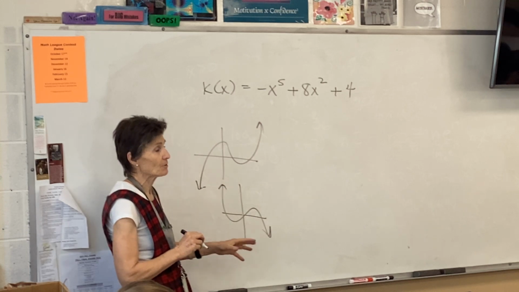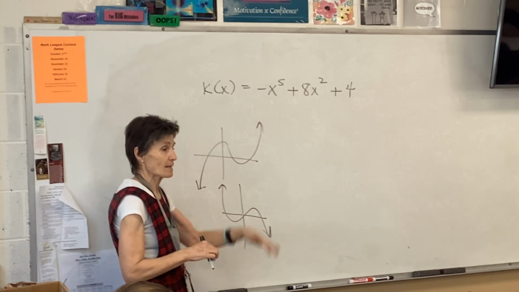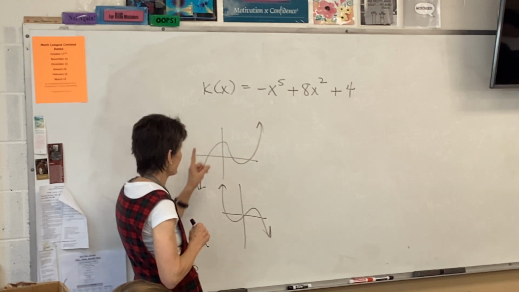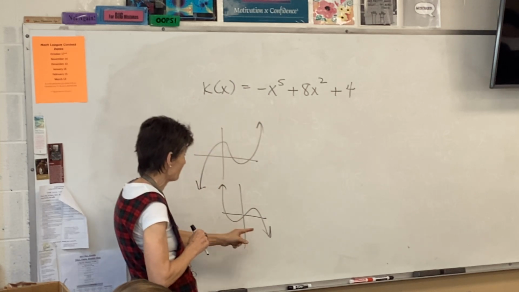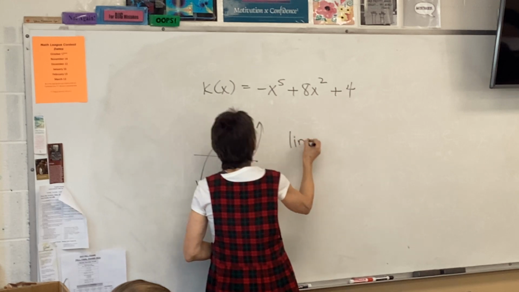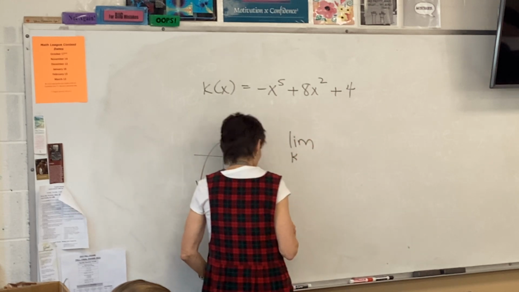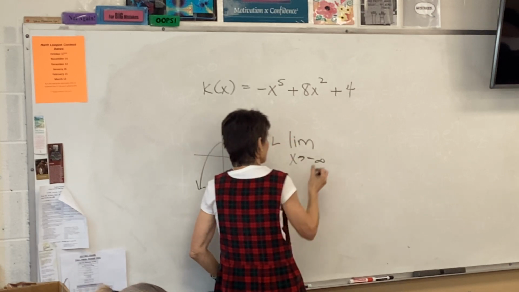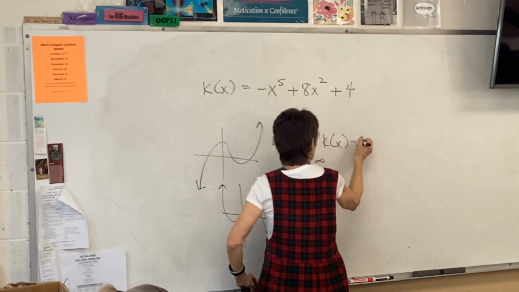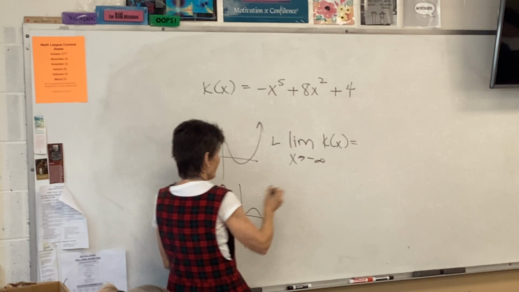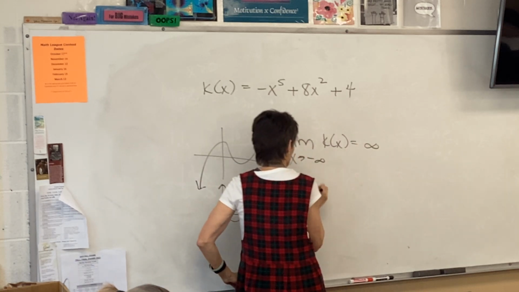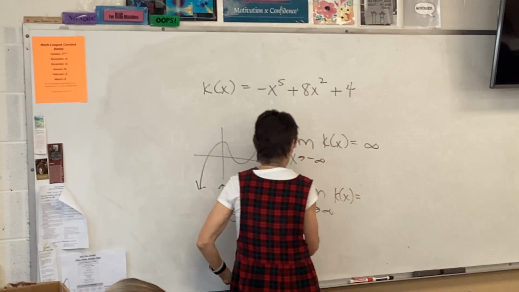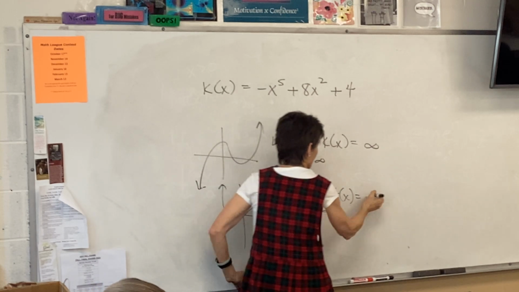And I know that an odd degree polynomial has opposite end behavior, one's up, one's down. And in this case, because of the negative, I'm starting up and ending down. So, the limit as x approaches negative infinity, this would be my left, of k of x, is actually positive infinity. And the limit as x approaches infinity is negative infinity.